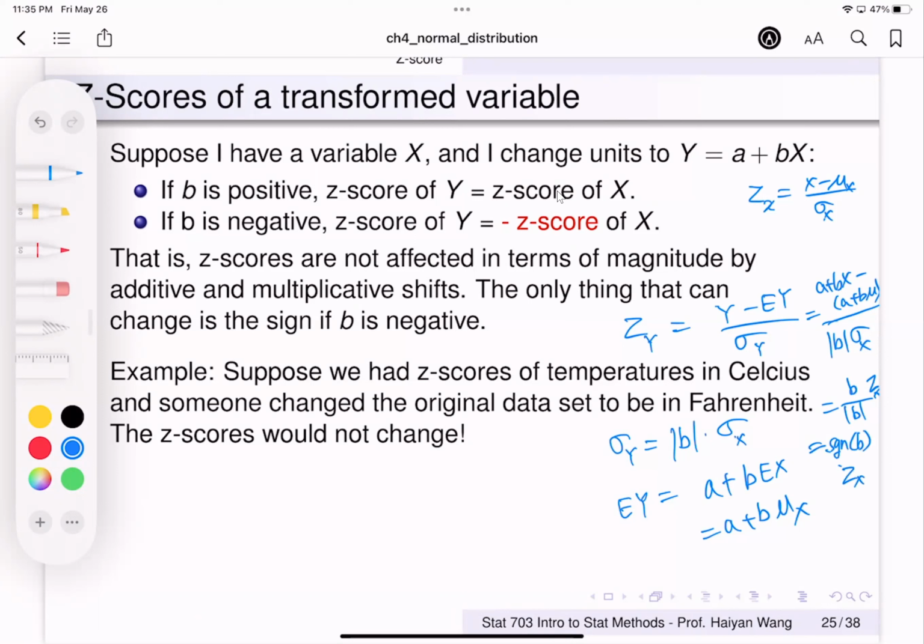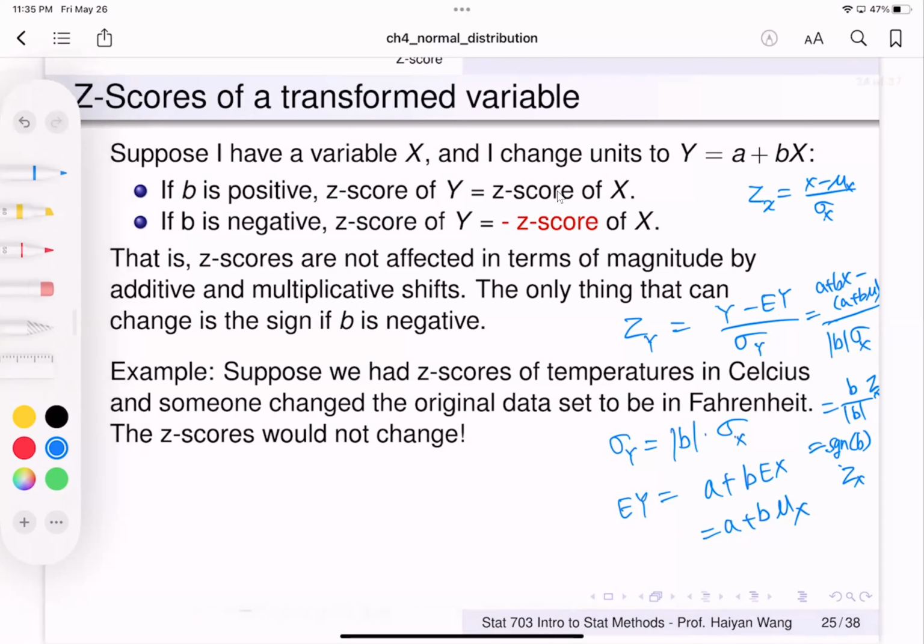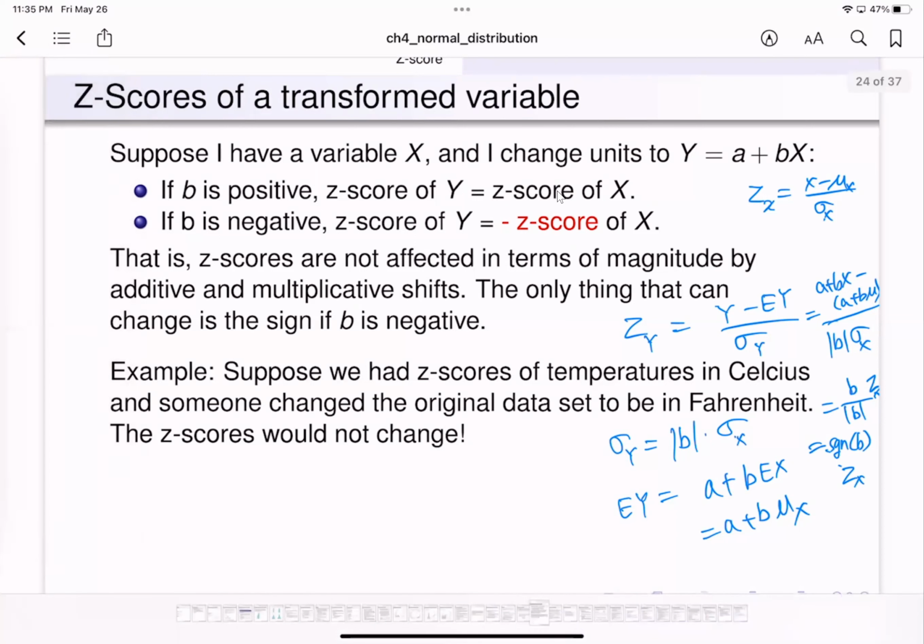So for the z-score of y and the z-score of x, the only possible difference would be the sign of b. As long as b is positive, y and x have the same z-score. For example, x could be Celsius and y could be Fahrenheit.